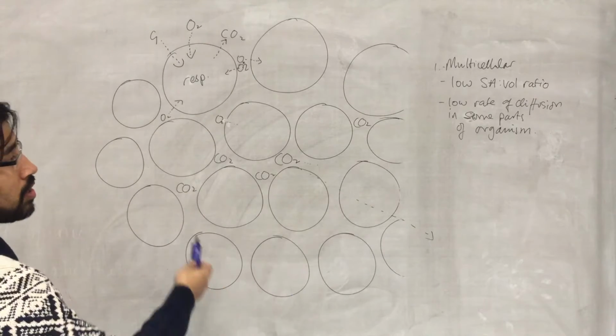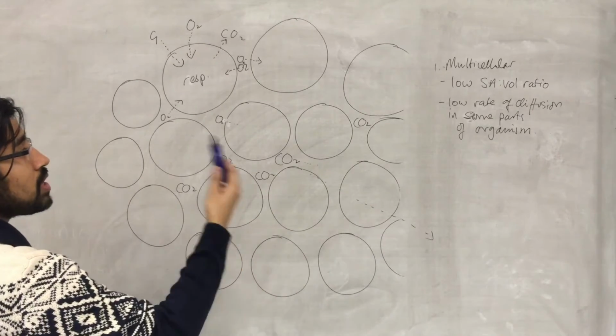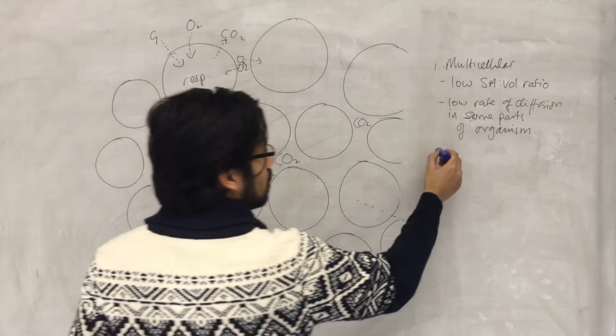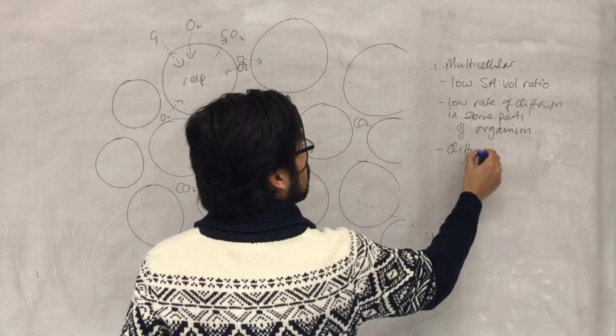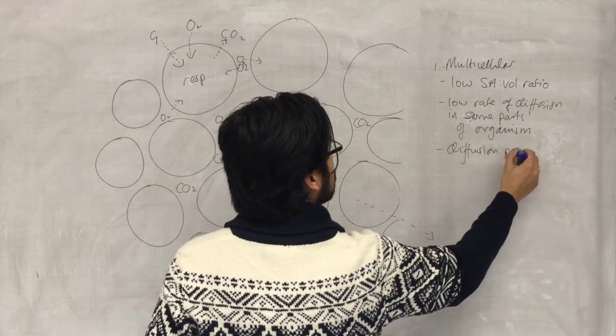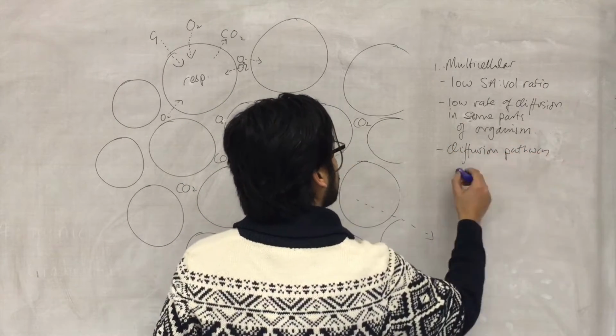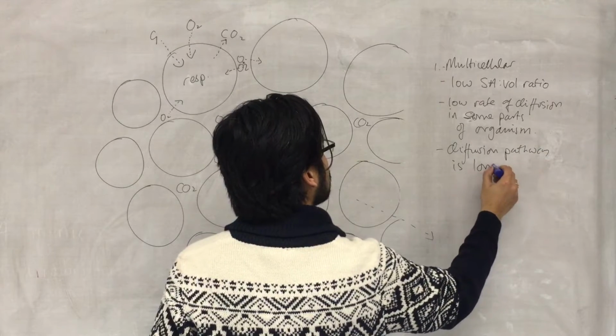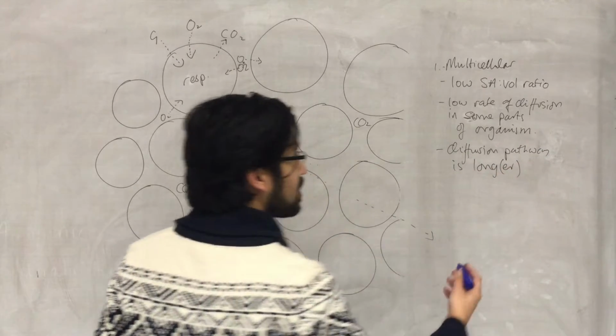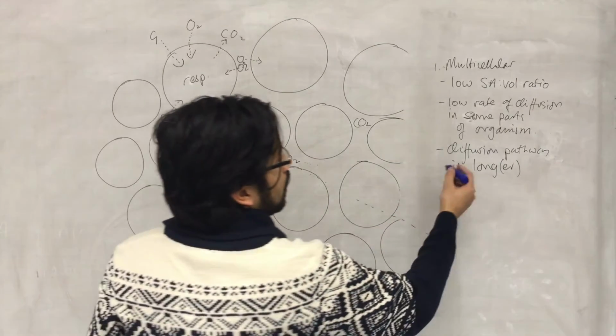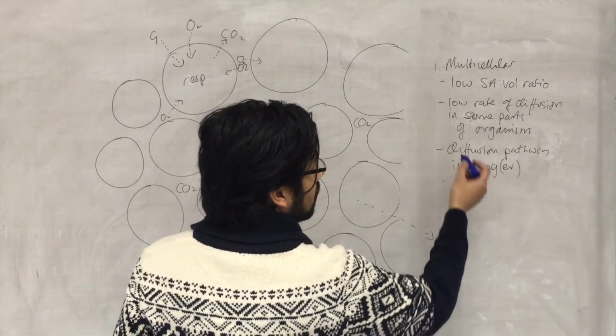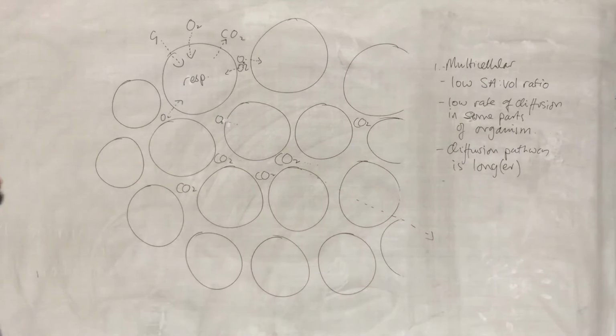So the diffusion pathway is long, and so the rate of diffusion is low. Okay? Diffusion pathway is long, or relatively longer, and so these things combine to give, again, a low rate of diffusion.